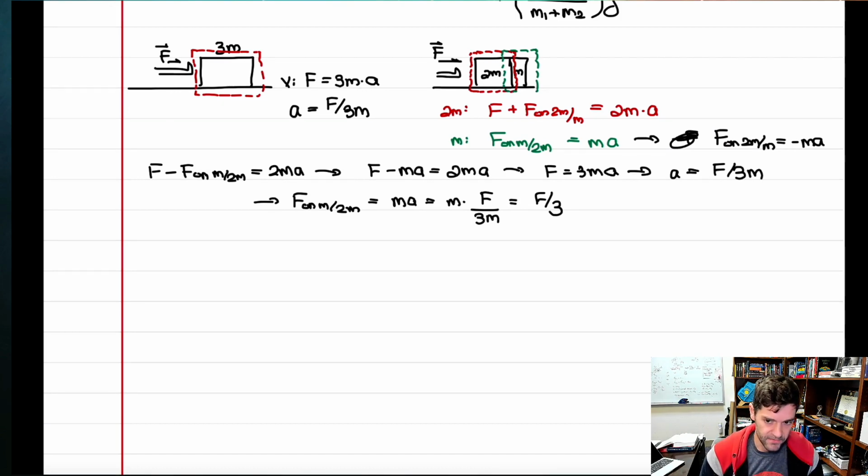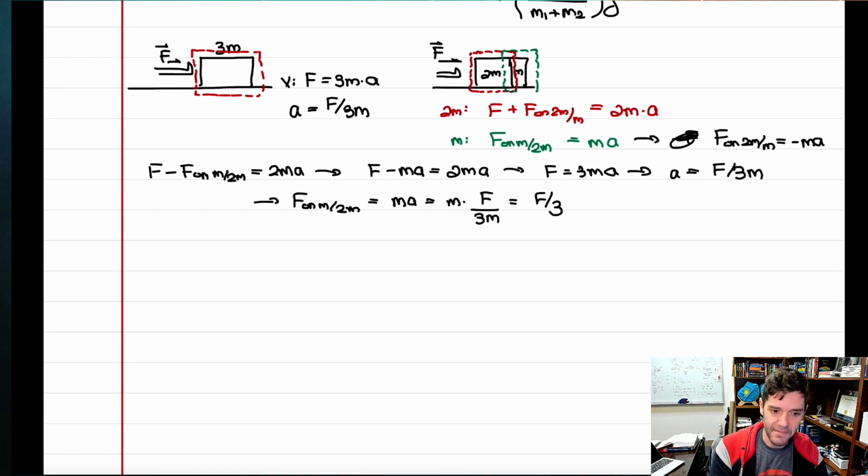So it seems, when you look at this, that on the left-hand side there was just a single object that had this total mass 3m, the overall acceleration. On the right-hand side there was that same amount of mass broken up into bits. But since there was no relative motion between the objects, and they all share the same acceleration, we got the same answer on the right-hand side, only by analyzing all the individual interactions.